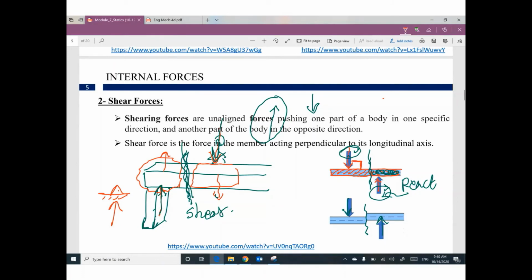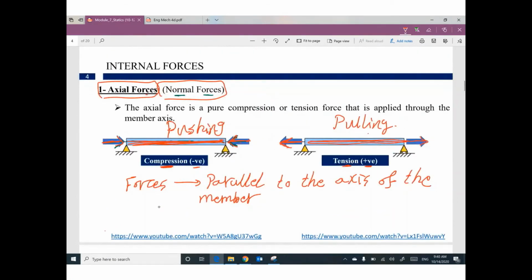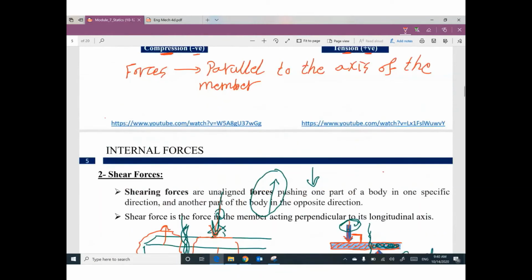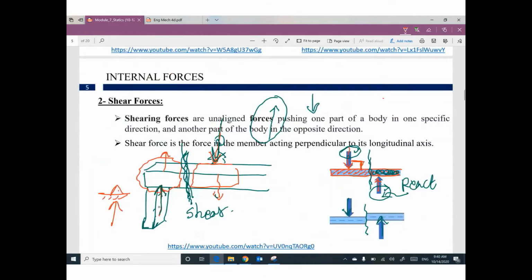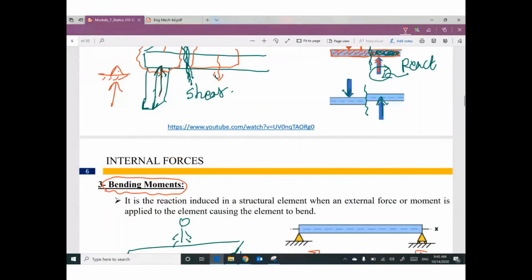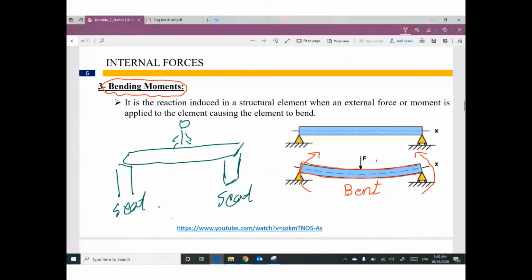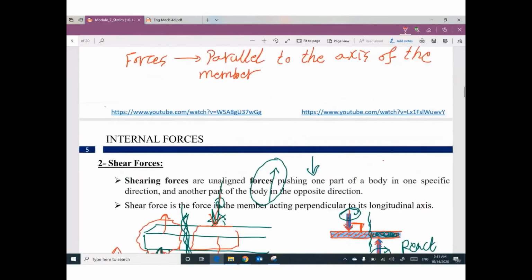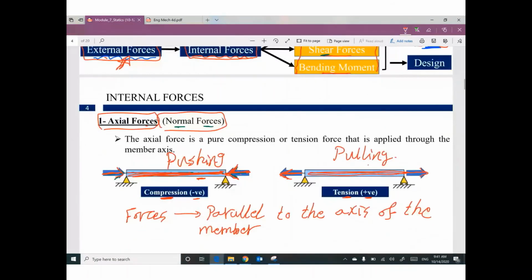This force is parallel to the member. This force is perpendicular to the member and opposite to each other. The third one, we have a member with external forces perpendicular. This force will cause this member to bend. All of them should happen at the same time.